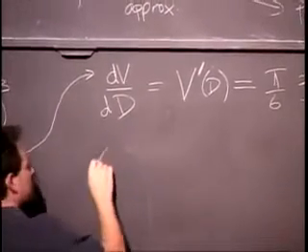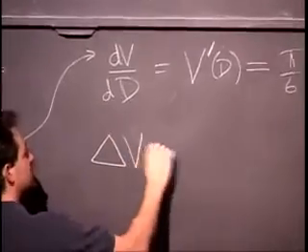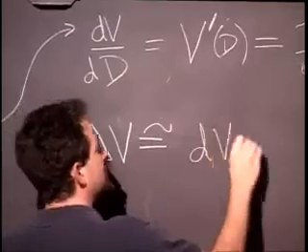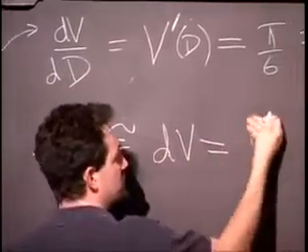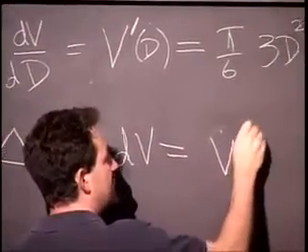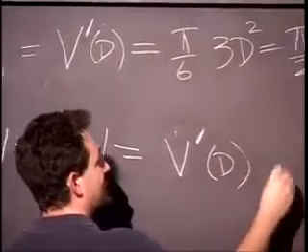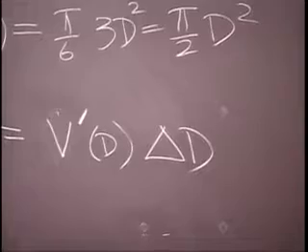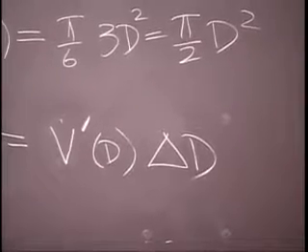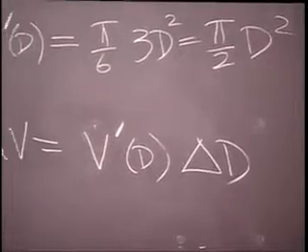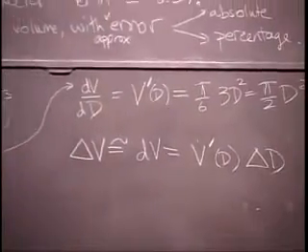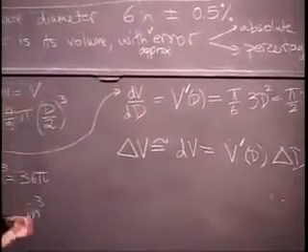We're interested in the error in V, or the change in V, is approximately dV, which is equal to, well, it's not f prime, it's V prime of D, delta D. Okay, that is just the above equation, but all I did was I replaced f by V and the variable x by D.